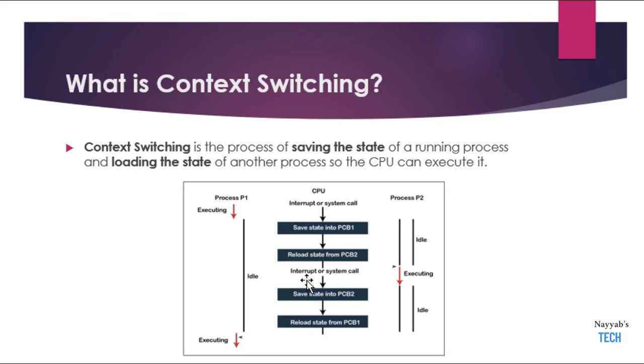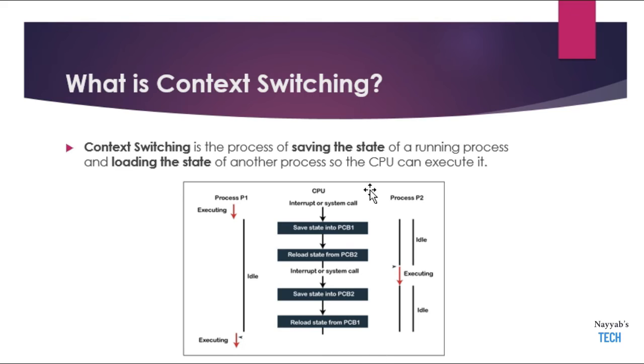In this way context switching happens. This is process 1 and this is process 2. An interruption or system call happens, process 1 saves its state and process 2 gets reloaded. Then again a system call or interruption happens, so it saves the state of process 2 and reloads the state of process 1.